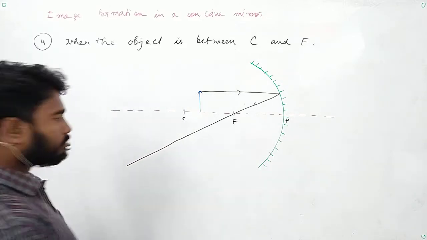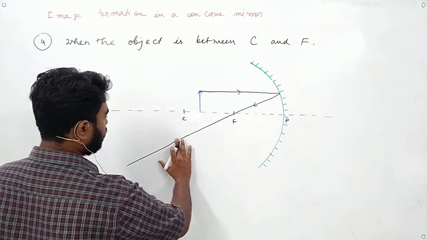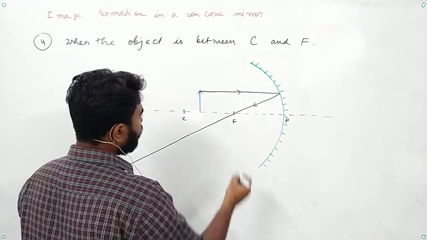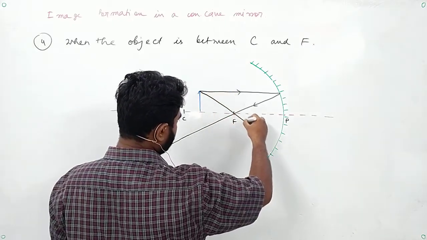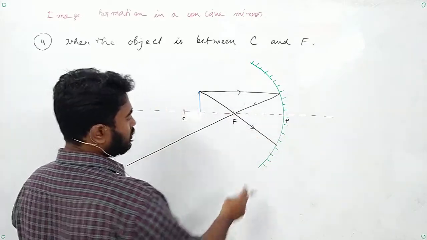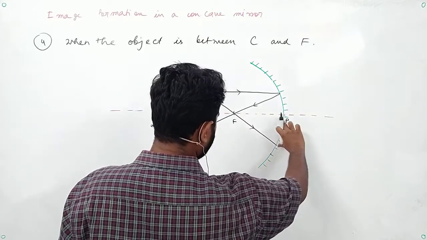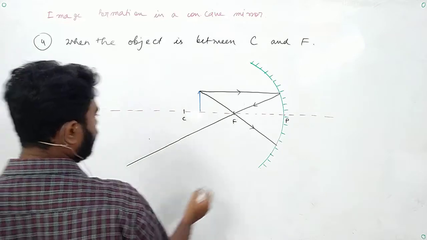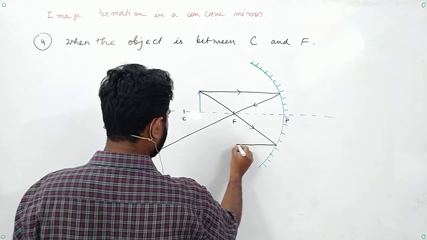Now I think this is pretty straight. The ray of light will pass straight. Now, when a ray of light comes and passes through the focus and falls on the mirror surface, then see, this will happen.